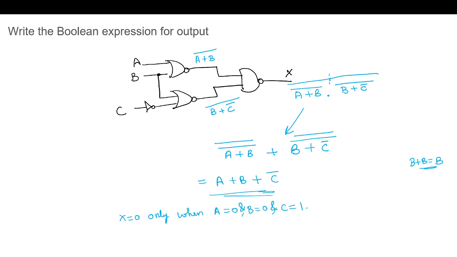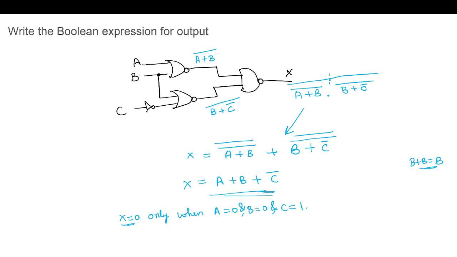So for x to be 0, only when A is equal to 0, B is 0, and C is 1.